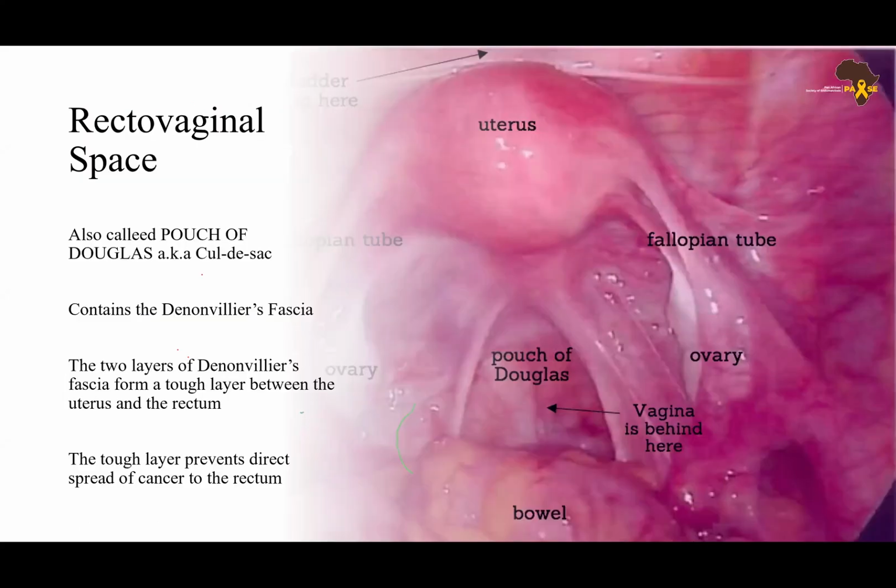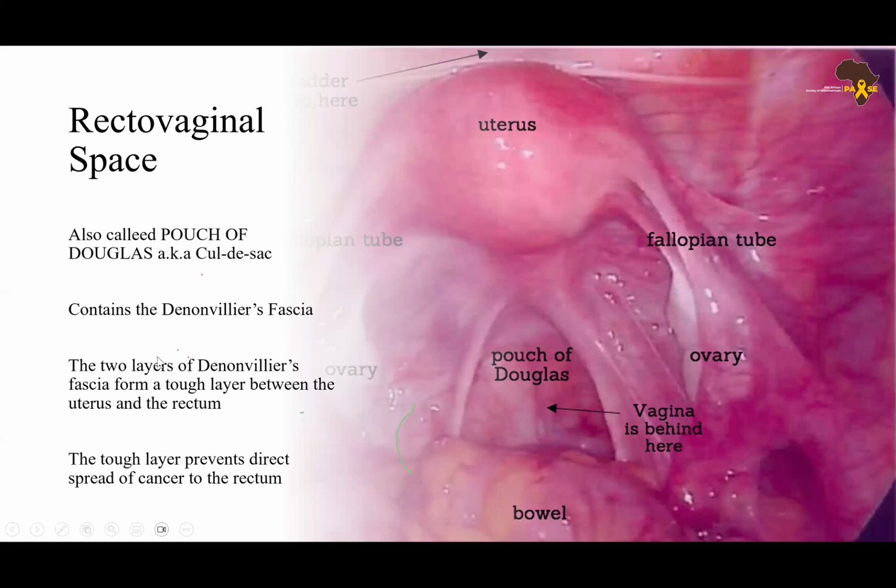Let's start with the rectovaginal space, which is one of the midline spaces. It will be approached through the pouch of Douglas. In this area, between these two uterosacral ligaments, when you open this space up by opening the peritoneum, you'll enter the space into which you'll get the Denonvilliers fascia.